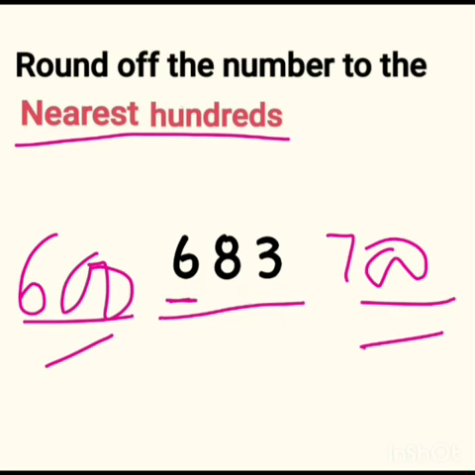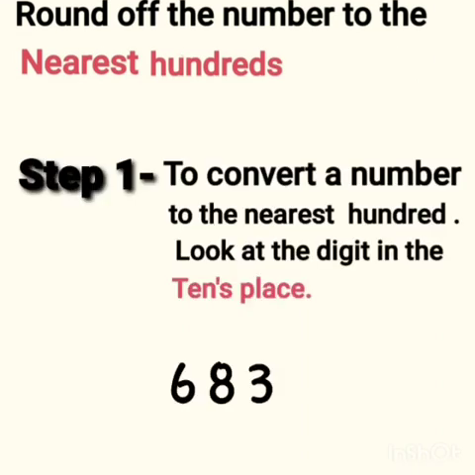Now if I round it off to the nearest hundred, what will it become? So let us see the rule. The first step to convert a number to the nearest hundred is to look at the digit in the tens place. Now instead of the ones place, I look at the digit in the tens place, which is 8 here.